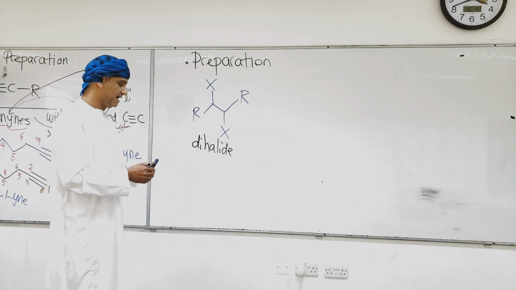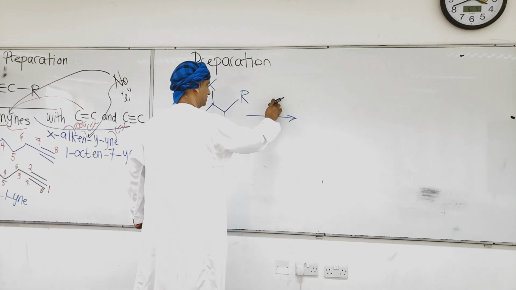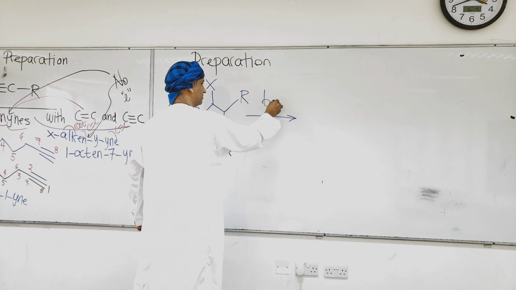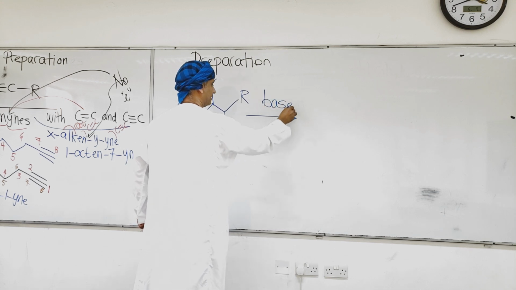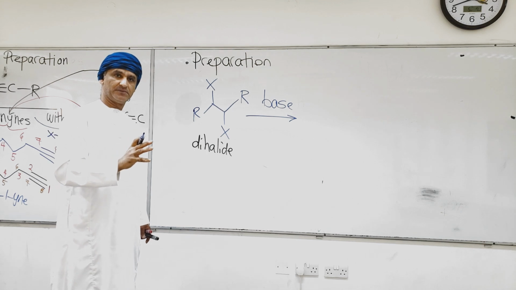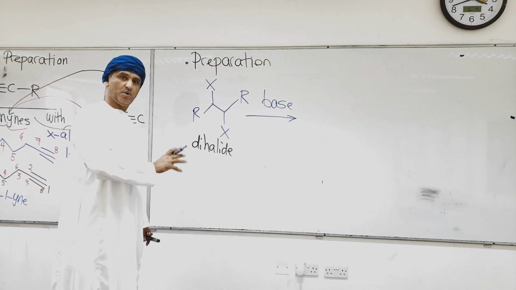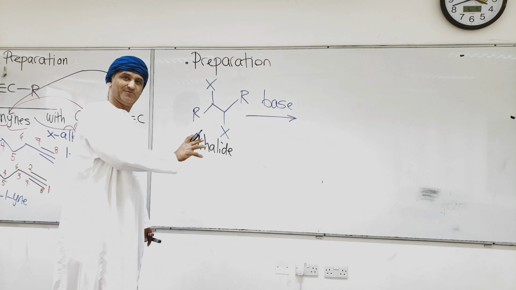So the dihalide should react with a suitable base, and 1 mole of a base should be able to abstract 1 mole of hydrogen, if you like, or result in the loss of 1 mole of HX.